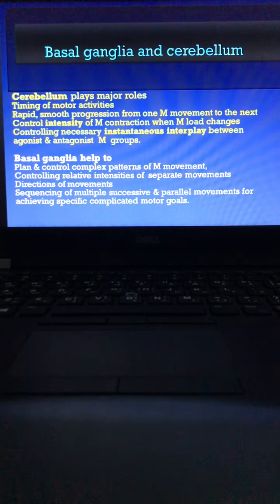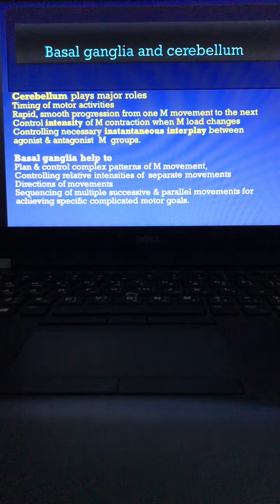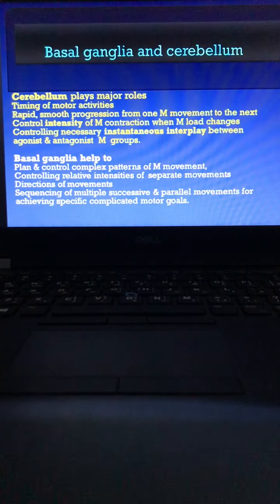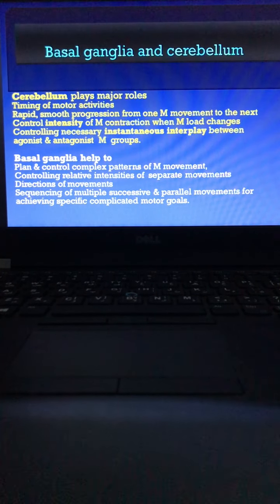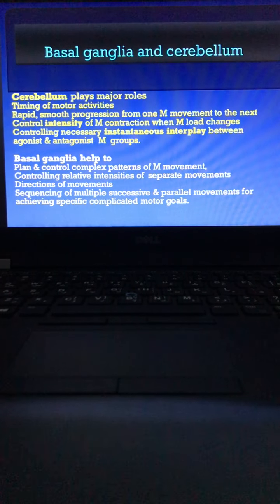Cerebellum plays roles in timing of motor activities, rapid smooth progression from one muscle movement to the next, control of intensity of muscle contraction when the load changes, controlling necessary instantaneous interplay between agonist and antagonist muscle groups.